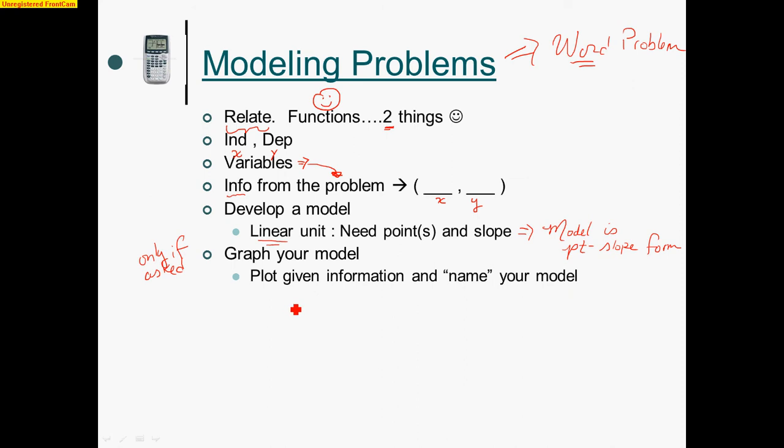When you've been practicing linear functions, I've always made you label the x and y intercepts, but in addition to the intercepts, if you're going to do a real-world situation, you should plot the given information, the information that you used to generate your model. And then when you name your model, the name of your model is just its equation.